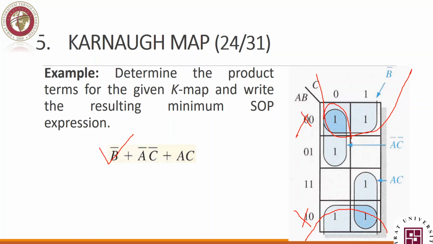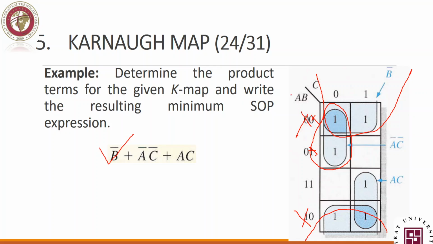Then we have this group. For this group, now look, A bar is common, B is changeable, it will be cancelled. So A bar, C bar.